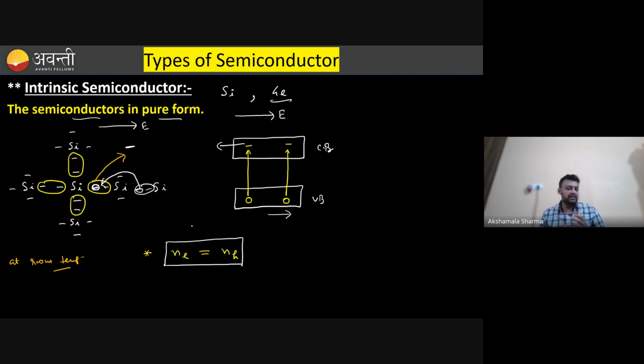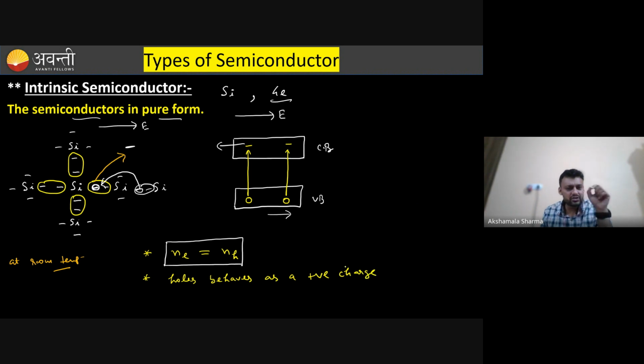So can you imagine that the hole is behaving like a positive charge, but actually it is not moving. Actually, the electron was moving from another bond to this bond. In short, we can conclude that electrons move opposite to the field, holes move in the direction of the field, and the conclusion may be written: hole behaves as a positive charge.